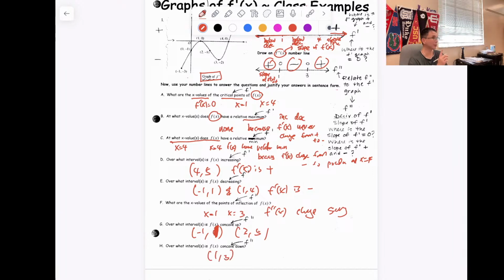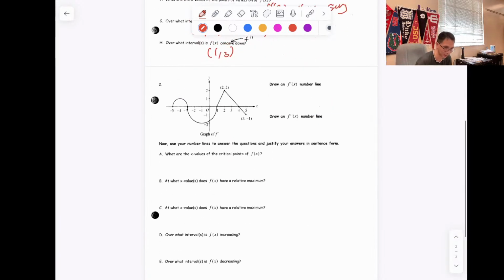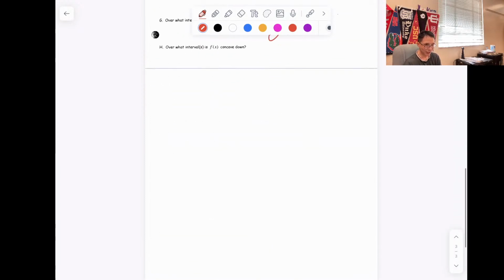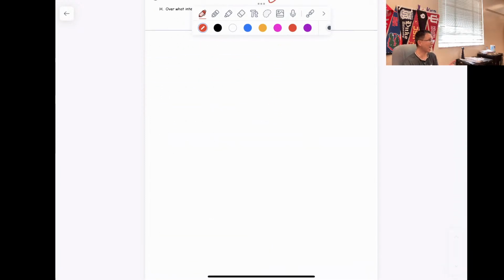Now, the last thing I want to talk about is the second derivative test. The second derivative test is not a test for concavity. The second derivative test is a test for maximum and minimum.